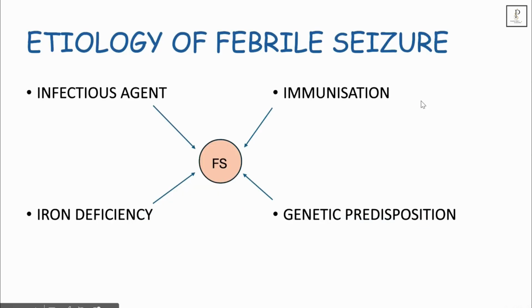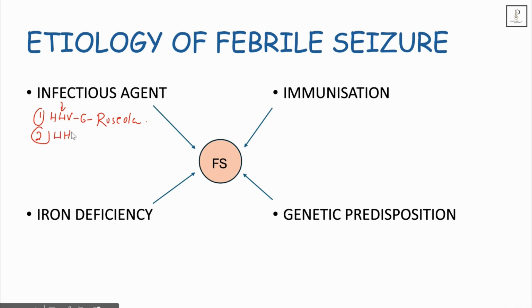So what are the etiologies of febrile seizure? First is infectious agents. Infectious agents cause fever, which leads to febrile seizure. So what could the infectious agents be? One is roseola or HHV6, which causes roseola infection when the child has a viral exanthematous rash.